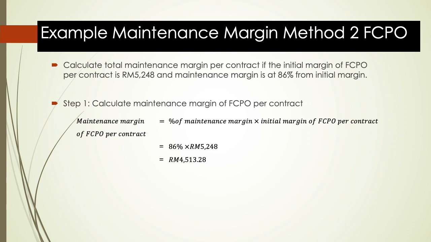If the percentage of maintenance margin is given as a percentage from initial margin, to calculate maintenance margin, you take percentage of maintenance margin times initial margin of FCPO per contract. So in this case, 86% times 5,248 ringgit. So you get 4,513.25 ringgit.